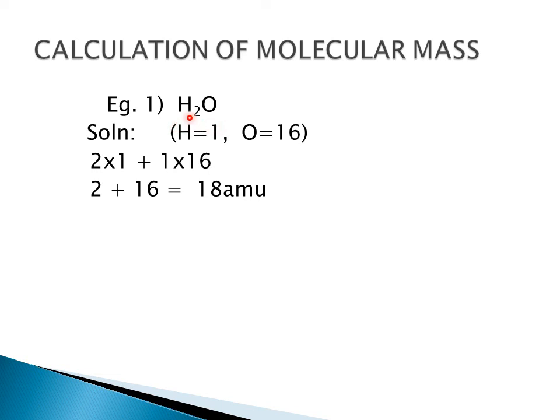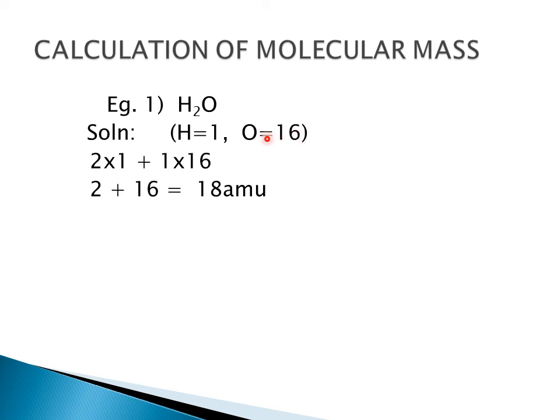Here the water molecule is made up of hydrogen and oxygen. We should know the atomic masses of hydrogen and oxygen atoms. The mass of a hydrogen atom is found to be 1 AMU, that is H equal to 1, it's given there. And the mass of an oxygen atom is found to be 16 AMU, that is O equal to 16.